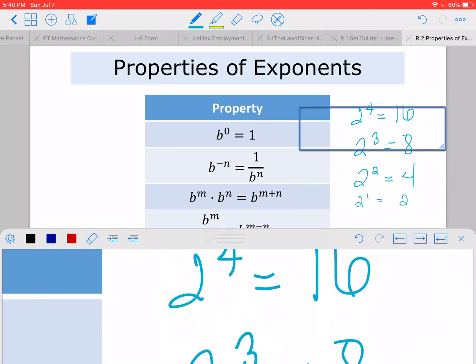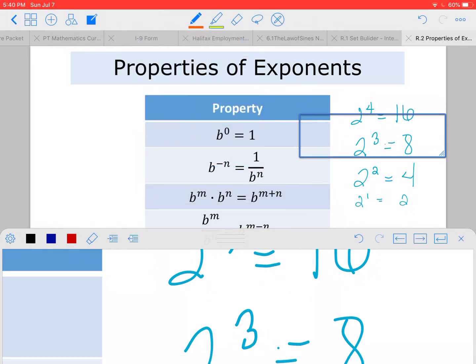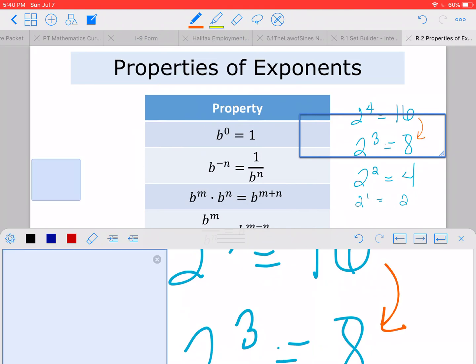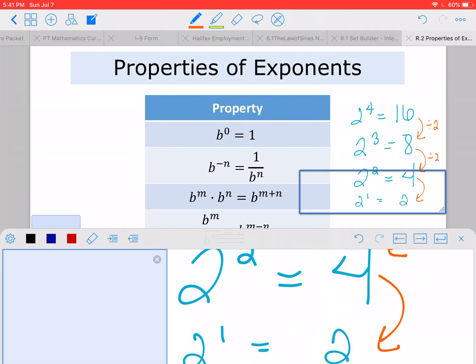What I need you to notice over here is that we've got 16, 8, 4, and 2. So what's happening? When we go from 16 to 8, we're dividing by 2. When we go from 8 to 4, we're dividing by 2. When we go from 4 to 2, we're dividing by 2.